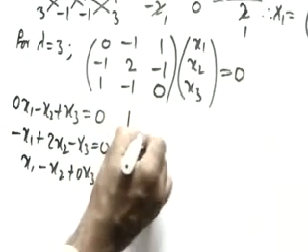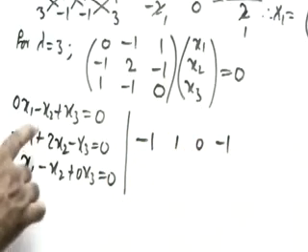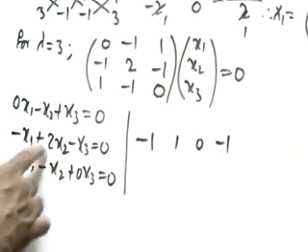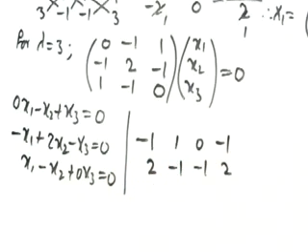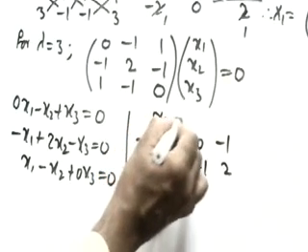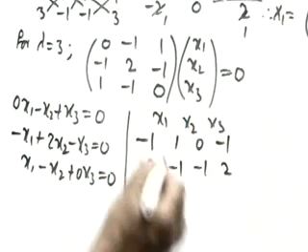Let me solve this one. Minus 1, 1, 0, minus 1. Here 2 minus 1 minus 1, 2. Now take here x1, x2, x3.